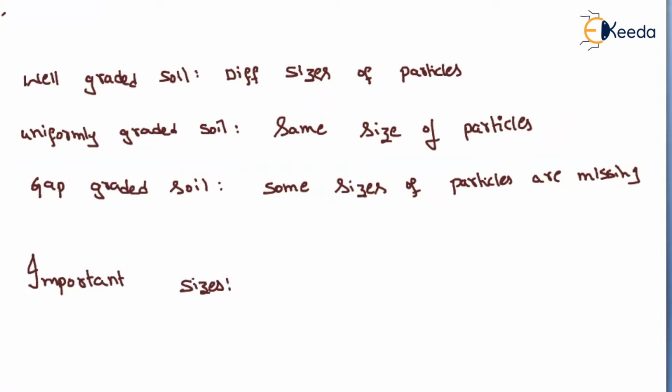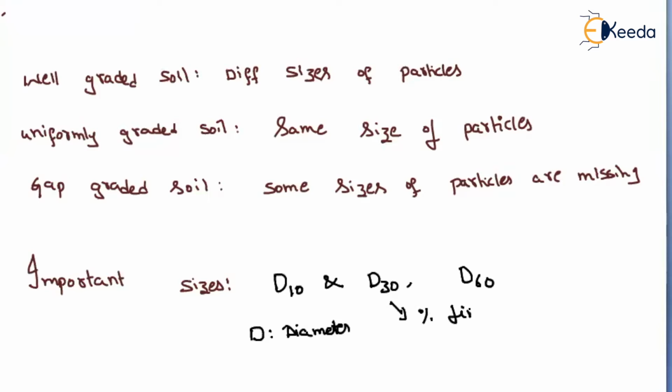So I will call them D10, D30, comma D60. The D represents the diameter and the subscript represents the percentage finer.